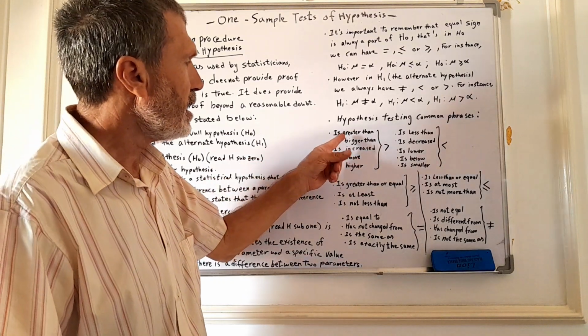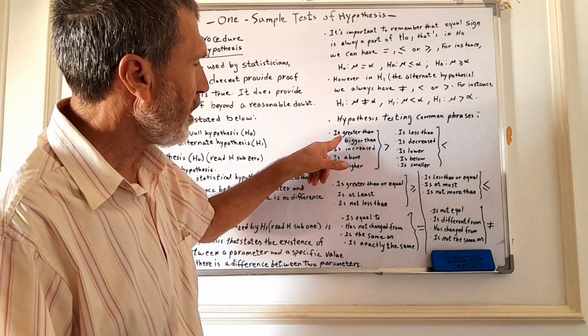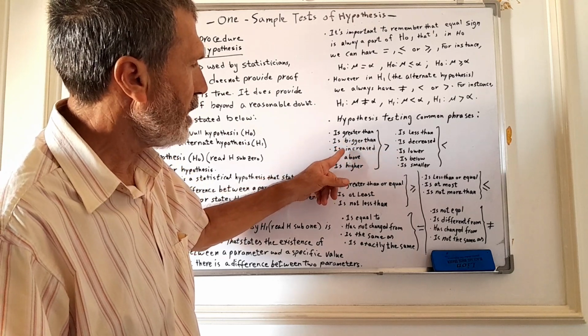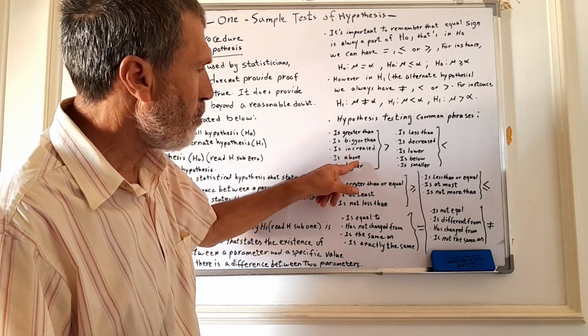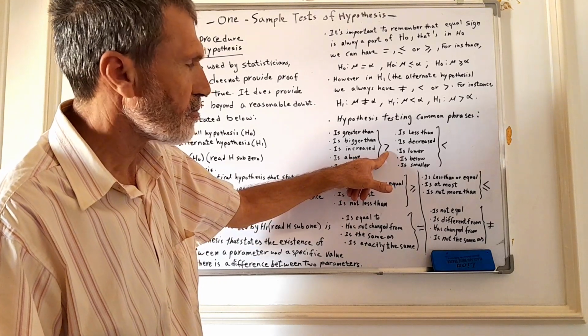For instance, if you see the phrase is greater than, or is bigger than, or is increased, or is above, or is higher, we use a greater than sign like this.